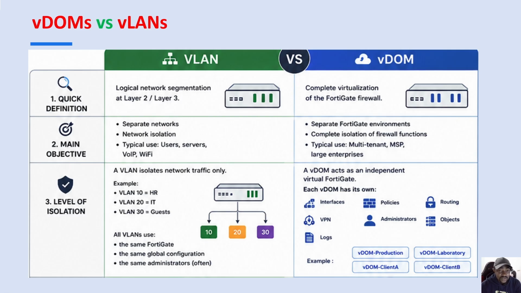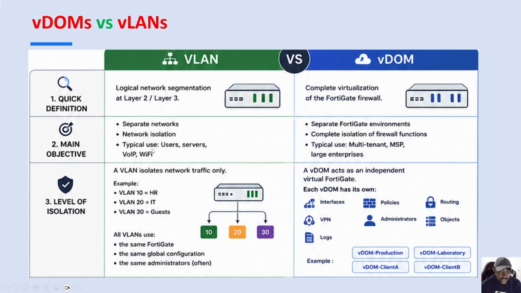It means for vDOM, you are creating a virtual firewall instead of simply segmenting your logical network. Talking about the main objectives, the main purpose of VLANs is network-to-network isolation.